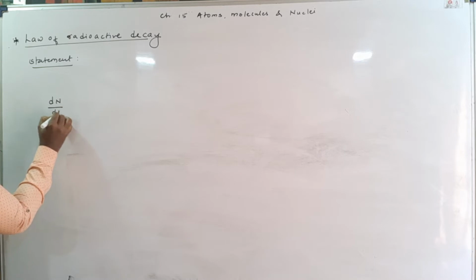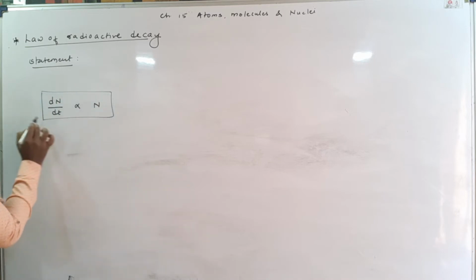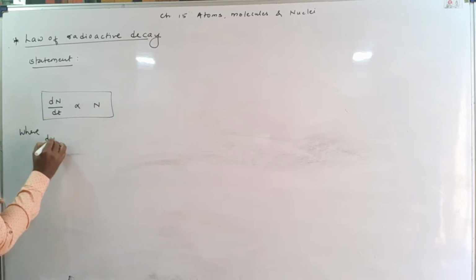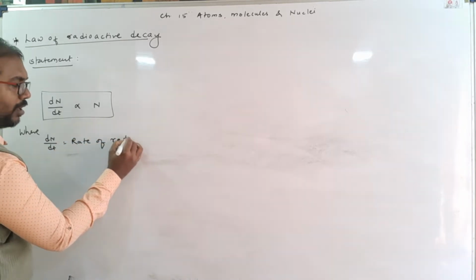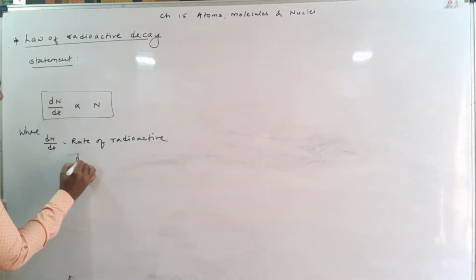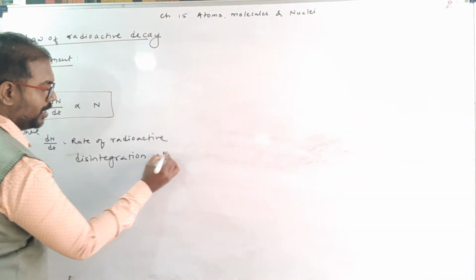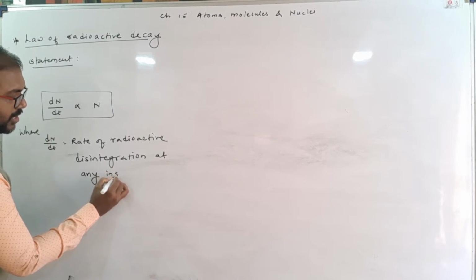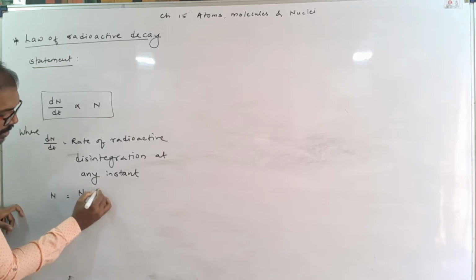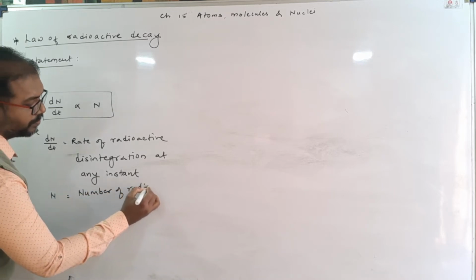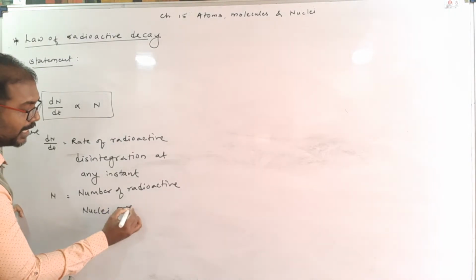Mathematically, dN by dt is directly proportional to N. In this formula, dN by dt is the rate of radioactive disintegration at any instant, and N is the number of radioactive nuclei present at that instant.